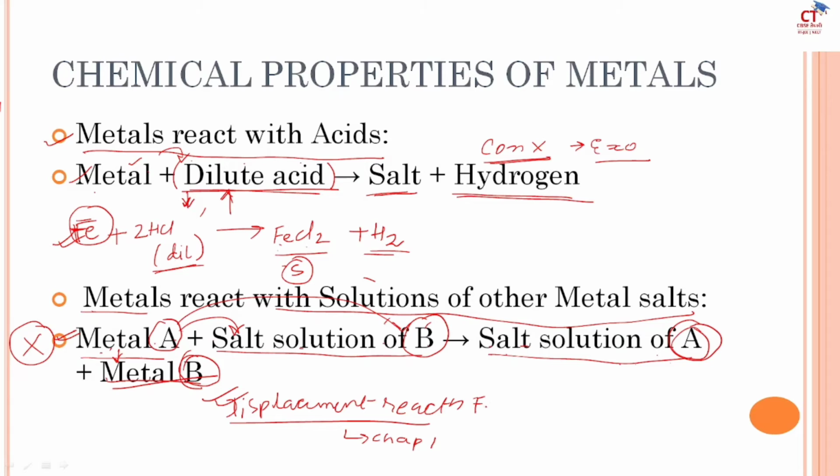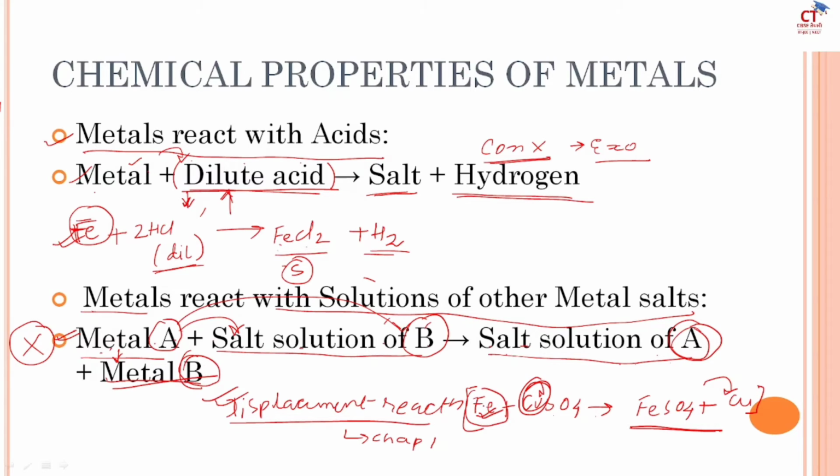Let's take Fe again, that is iron, and react it with the solution CuSO4. This will give you FeSO4, that is a salt, plus Cu. In this case, what do we see? We see that Fe has completely replaced Cu from CuSO4 solution and transformed into FeSO4, and Cu has been separated. Why does this happen?